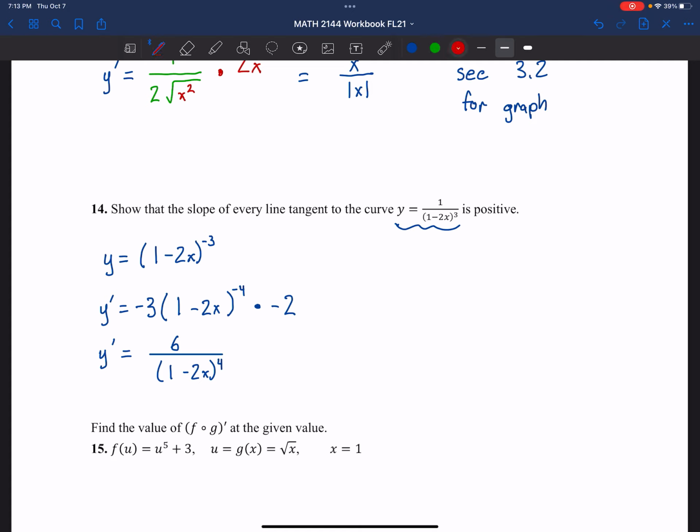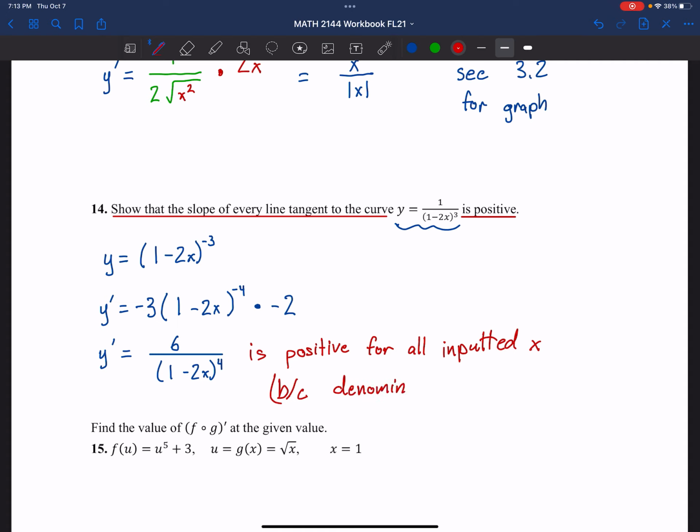So that was the derivative. It does ask us to show that the slope of every tangent line to this curve is positive. Well, that actually follows directly, and that's because this derivative is positive for all inputted x. The reason being is because the denominator is always positive, being an even powered function.